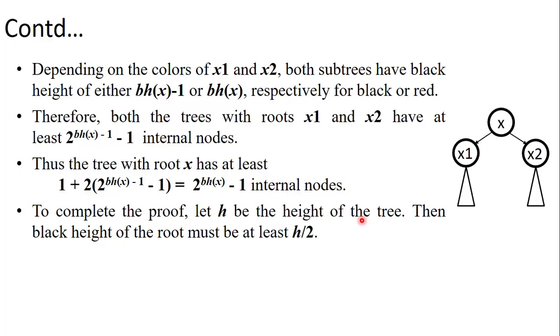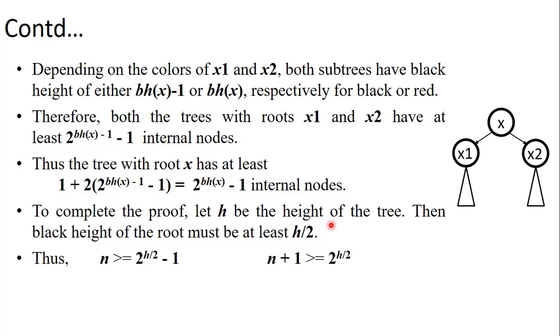Now, for completing this proof, let's find the relation between the actual height of the RB tree, that is h, and the black height of the tree, that is bh(x). As per property 4, at least half of the nodes on any single path from the root to a leaf, not including the root, must be black. So consequently, the black height of the root must be at least h by 2.